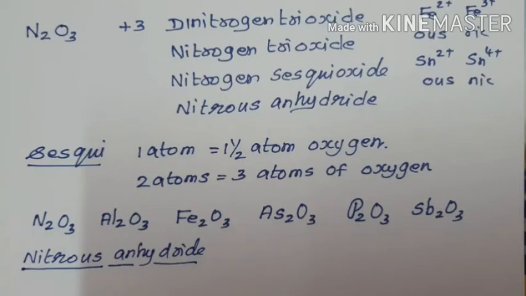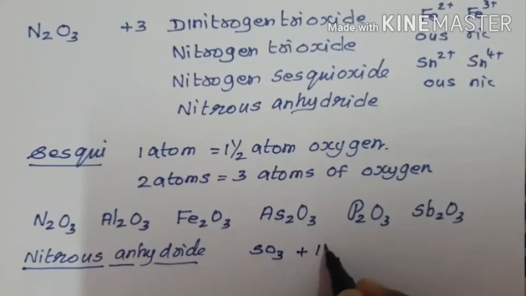Benzoic acid losing one water molecule gives benzoic anhydride. Sulfur trioxide is the anhydride of sulfuric acid.